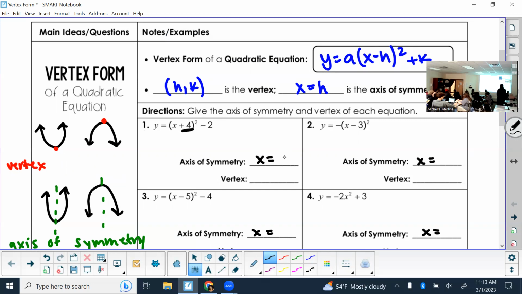Is my x going to be 4? What is it? Because if I plugged in a 4, then it would look like x minus 4, and it looks like x plus 4. So what would I have to plug in to make it turn to a plus?